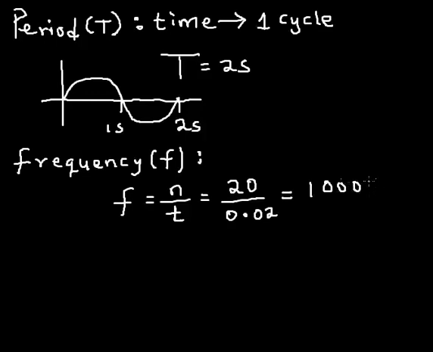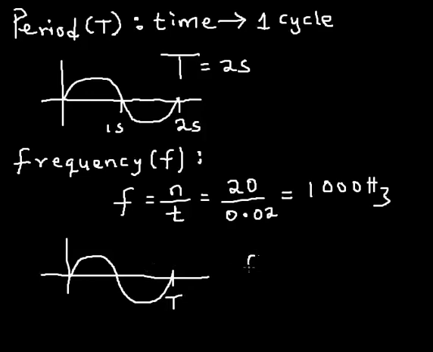The SI unit of frequency is hertz. That's another way of expressing the frequency of a wave. As I said, the frequency of a wave is the number of oscillations covered within a particular time. The time for one oscillation is known as the period.